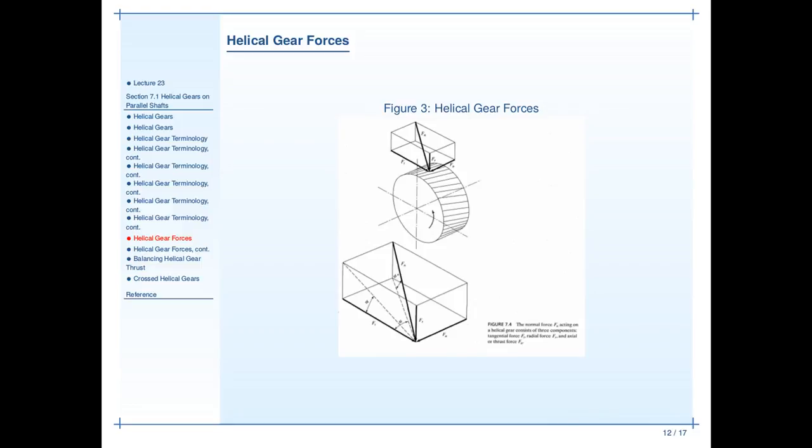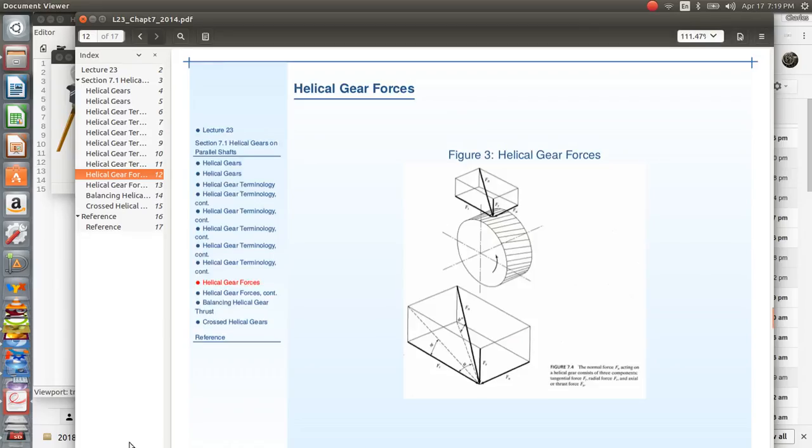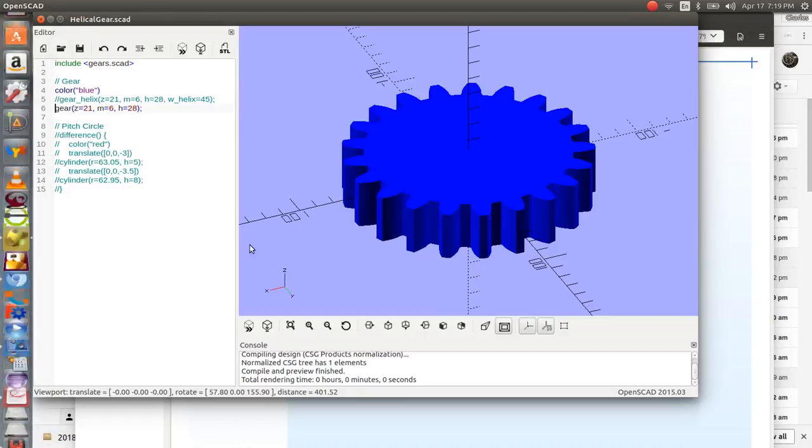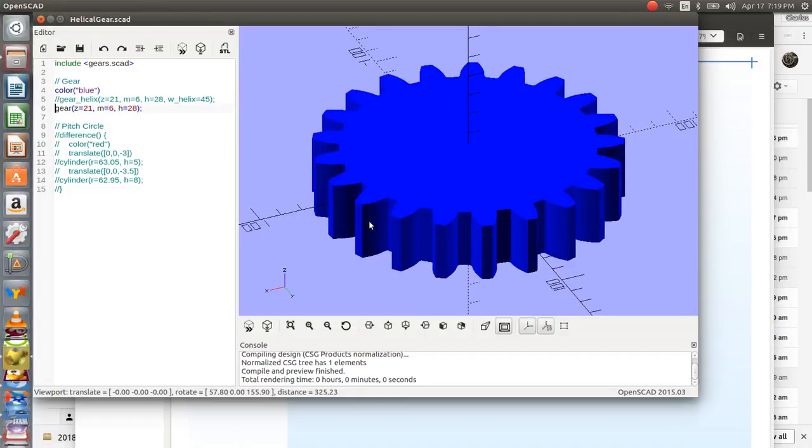With helical gears, because of the angle of the tooth, we also have an axial force. Let's take a brief look at a gear just to get a feel for that.